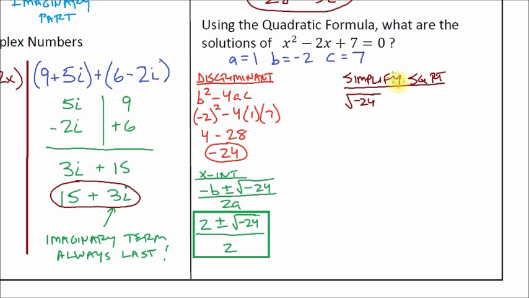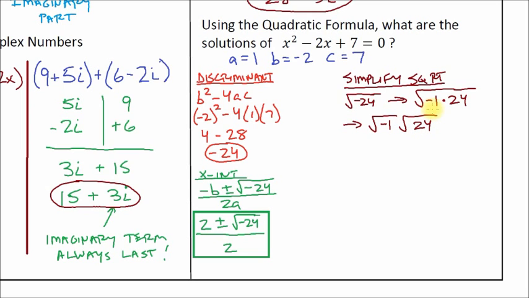The square root of negative 24 could be written as the square root of negative 1 times 24. We agree that negative 1 times 24 is negative 24, so nothing's changed.